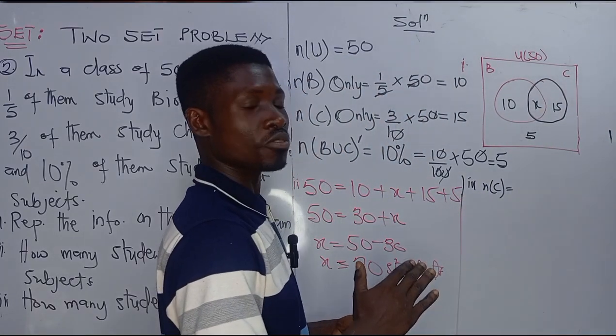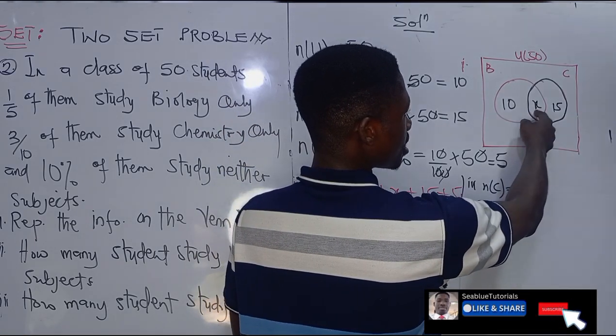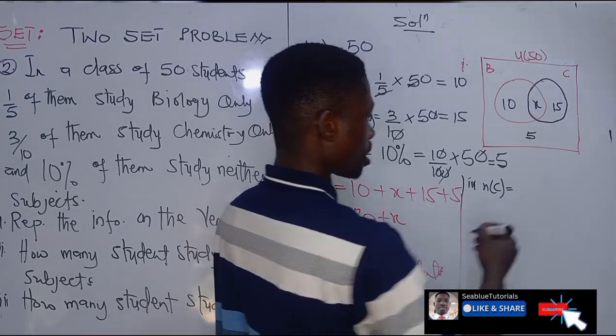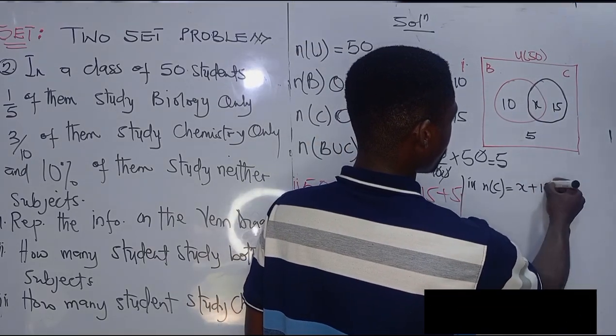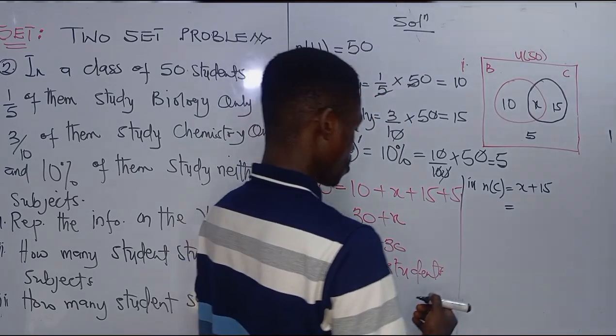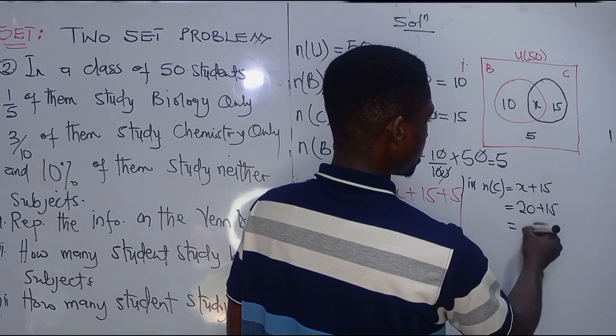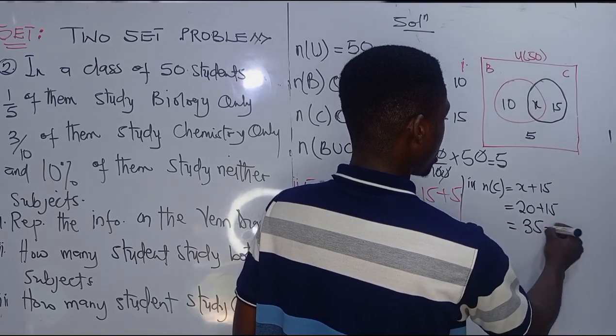So to find the number of students who read chemistry, we add this region to this region. So we have x plus 15, and we have already established that x is equal to 20 students. So plus 15 gives us 35 students.